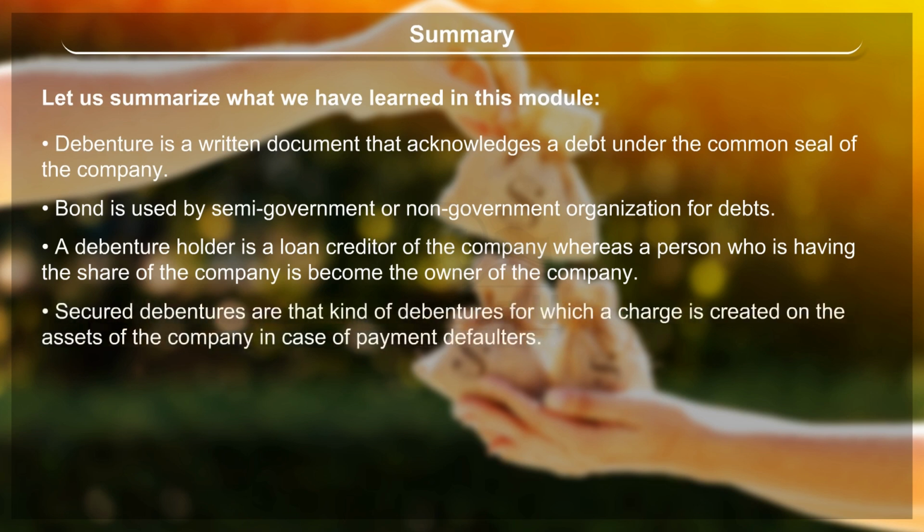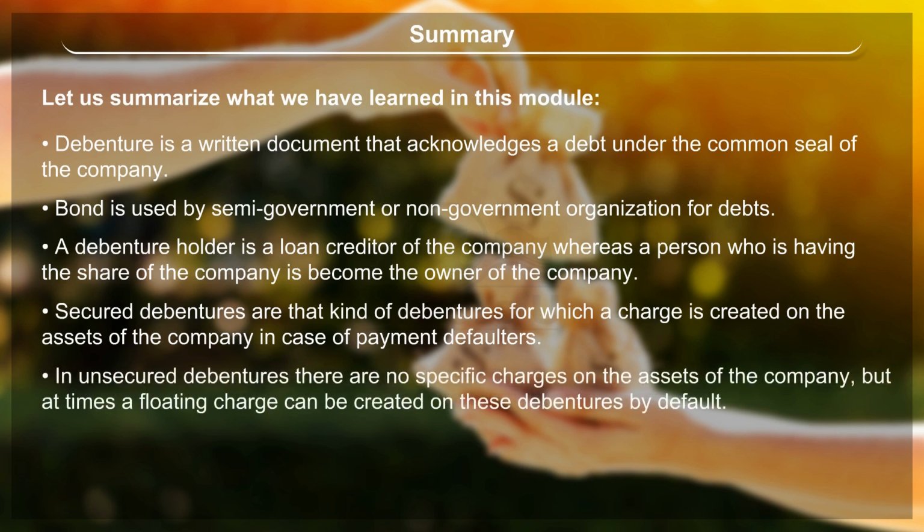Secured debentures are that kind of debentures for which a charge is created on the assets of the company in case of payment defaults. In unsecured debentures, there are no specific charges on the assets of the company, but at times a floating charge can be created on these debentures by default.